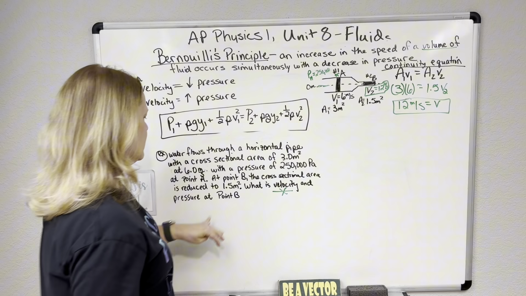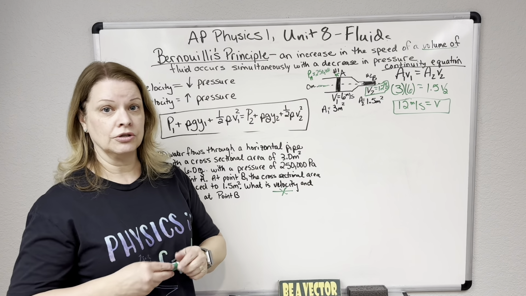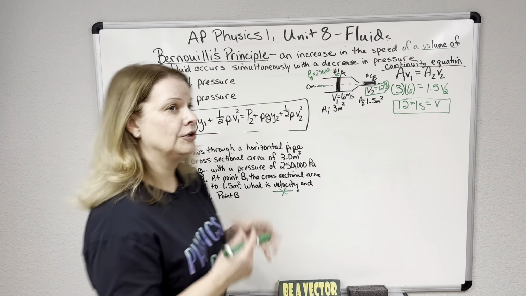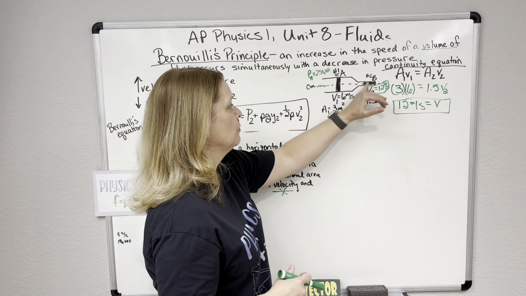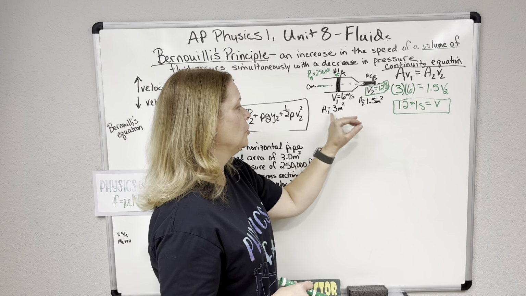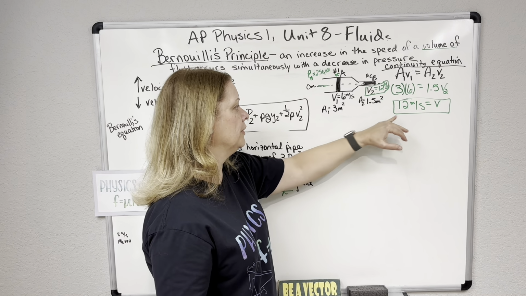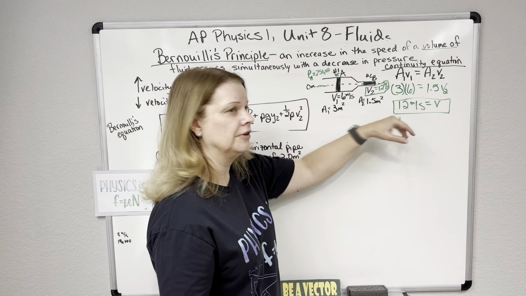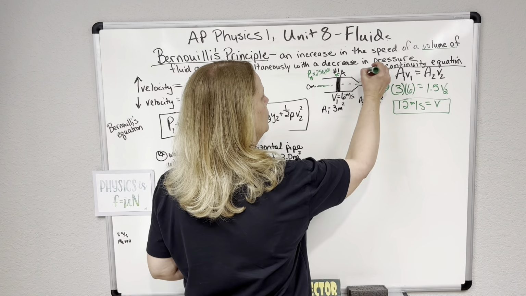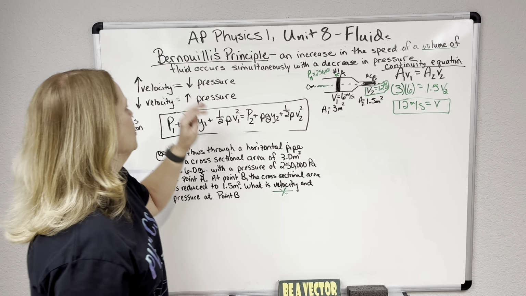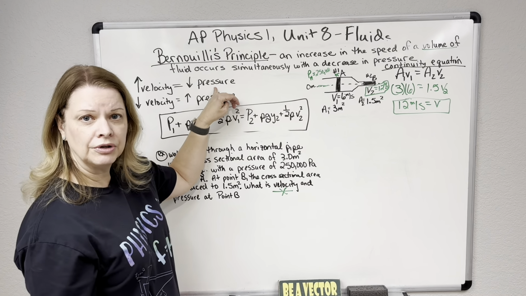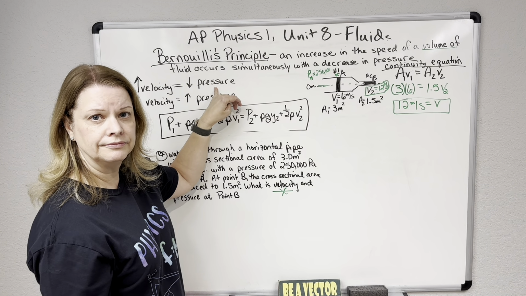That's the first part. Now it says, determine the pressure. First of all, we're going to use a little reality check, a little logic. We already knew that when we lowered the cross-sectional area, our velocity should have doubled because we halved our cross-sectional area. So that makes sense. It started at 6, it ends up at 12. That's a good logic check. Now I know I have higher velocity at point B. Remember, with higher velocity we should see a decrease in pressure.